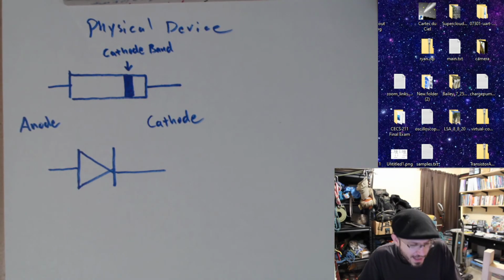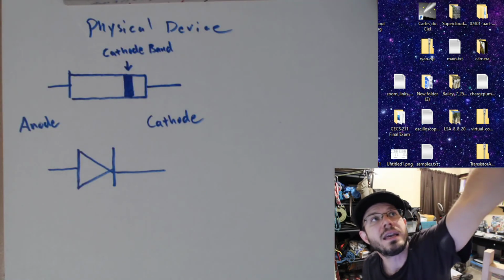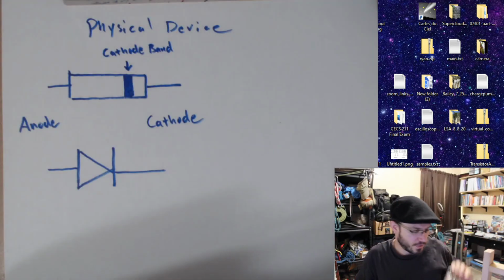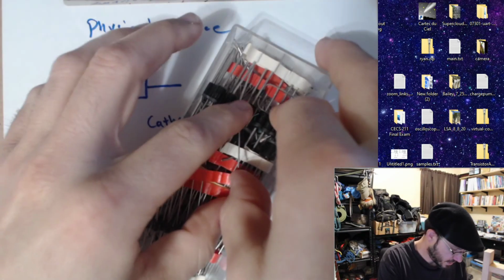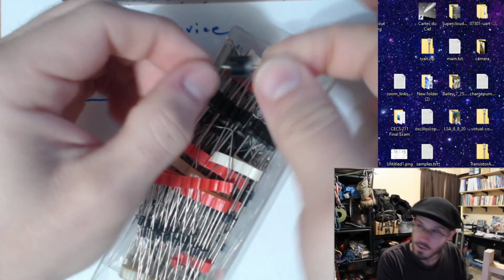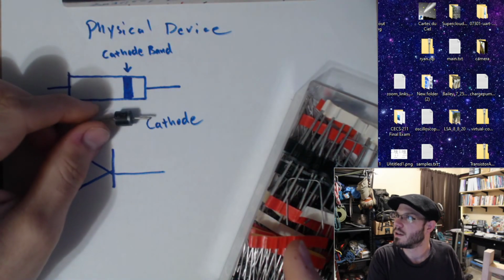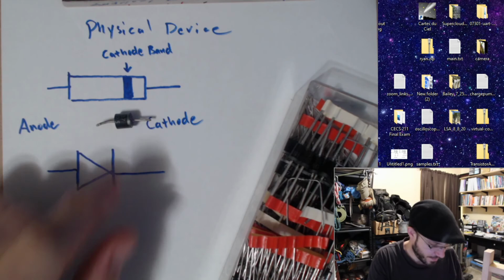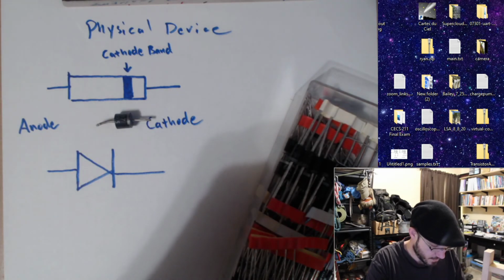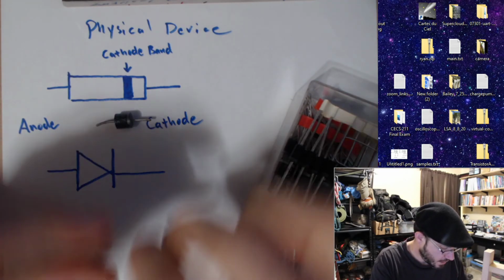And let me pull out one of these diodes. Here's a big one. Notice the stripe on the right side. Here's a smaller one.